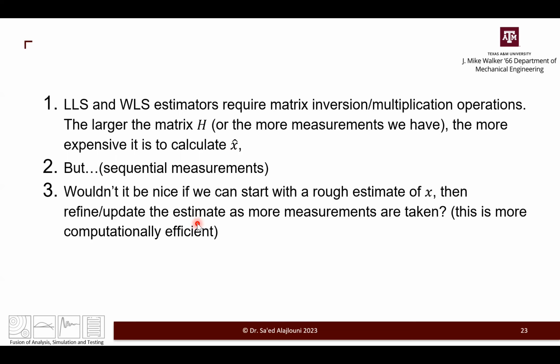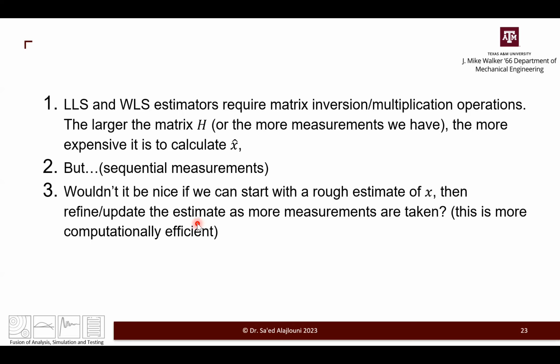So if I measure the resistance 10 times, I need to collect all these measurements and then do the matrix inversion, do the pseudo-inverse to get the final estimate of the resistance.